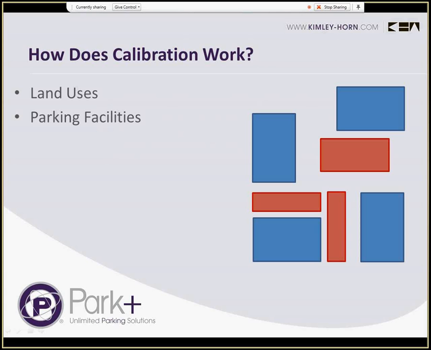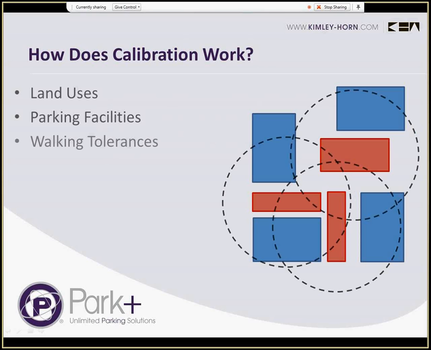So when we go to calibrate the model, what's happening in the back-end engine in ArcGIS is that it's creating specific walking tolerances around those parking facilities based on the user input. As part of the calibration process, we'll plug in numbers for how far people are willing to walk to get to parking.